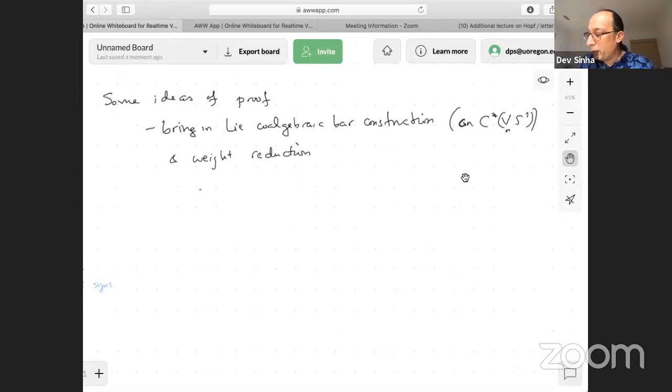So remember this Lie coalgebraic bar construction, I have things like this. So I can take my D inverse of A connected to these, and that would co-bound this plus, then I have to multiply, and you start seeing these symbols.